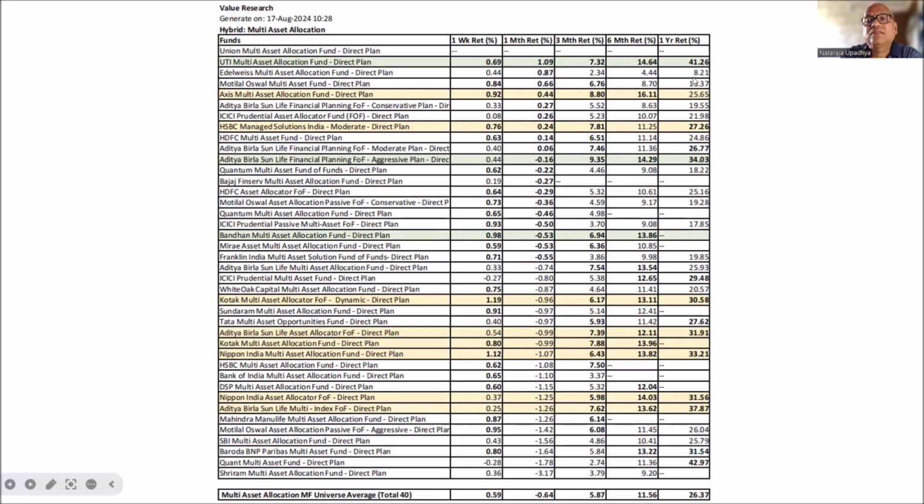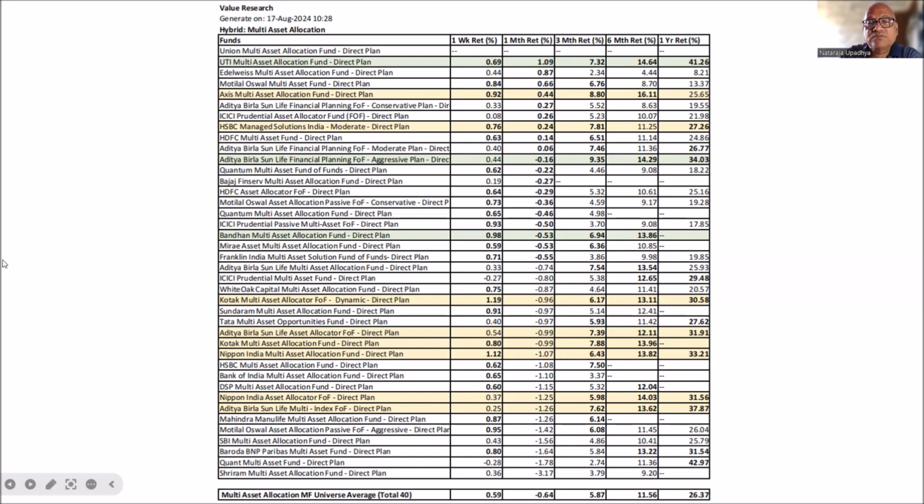Now, the ones in green are UTI multi-asset allocation, 41.26%, Aditya Birla Sun Life Financial Planning FOF, 34.03, Bandhan multi-asset allocation fund, it's a new fund, 13.86 for the 6-month basis. The ones in orange: Axis multi-asset allocation fund, subdued annual return, and HSBC Managed Solutions India moderate, subdued for the last 6 months.